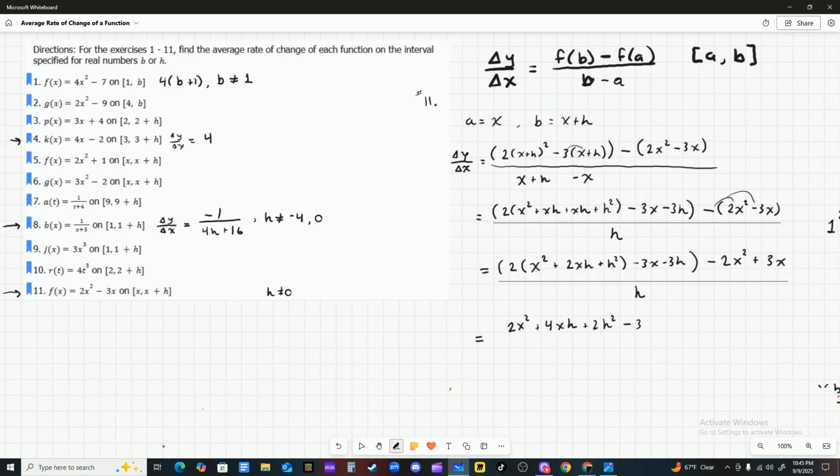Minus 3x minus 3h. I drop the parentheses because I distributed the 2 and there's nothing else to perform. Okay? Let's keep going. Minus 2x squared plus 3x, all divided by h.